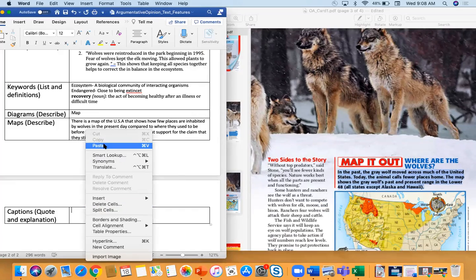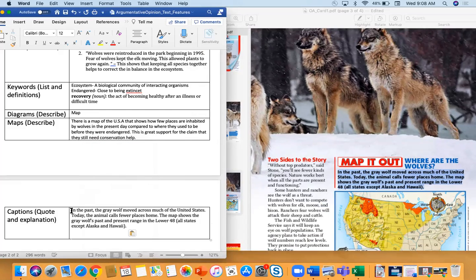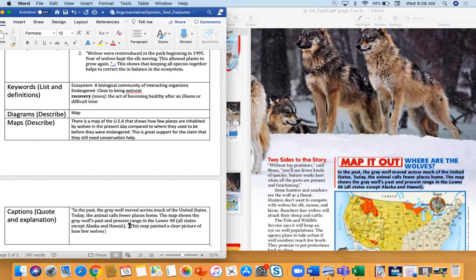Remember, captions are when they put a description below a picture or a map or a diagram. And then you explain it.